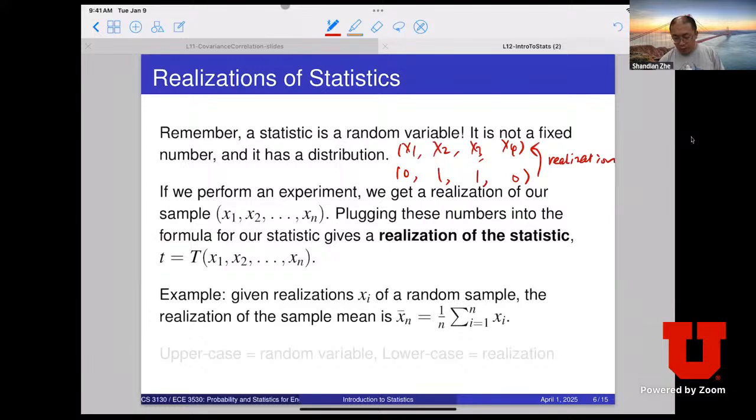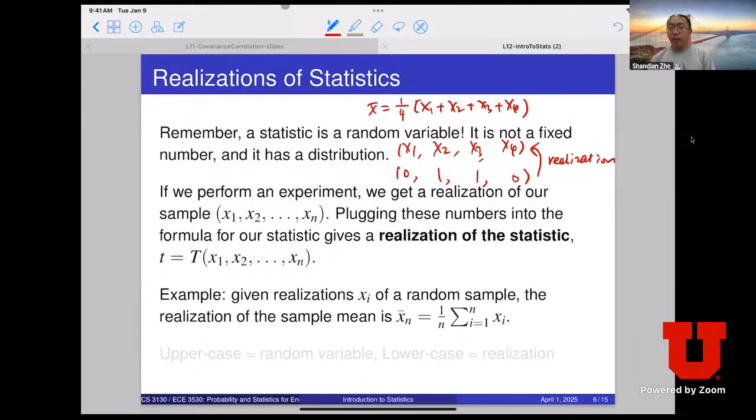I'm interested in using the so-called sample mean as my statistic. The sample mean is simply the average of the random variables in my random sample, one fourth of x1 plus x2 plus x3 plus x4. After one experiment, I got my realization of the 4 random variables, which are 0, 1, 1, 0.